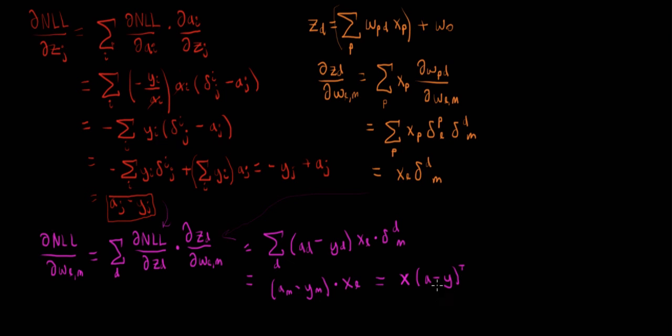And so if you do the matrix multiplication, you'll see that the LMth index is given by this, right? The rows come from X and the columns come from A minus Y transpose.